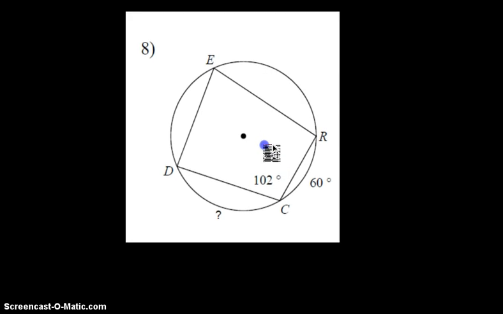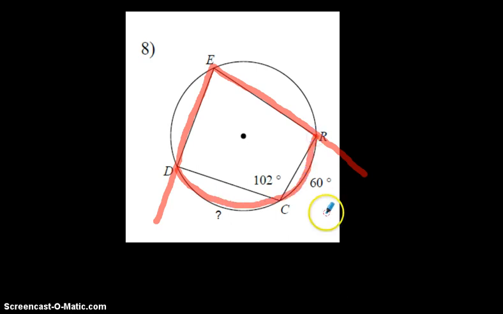And here we go. We've got another quadrilateral inscribed in a circle, a lot of these. And on this one, again, it helps to know that quadrilaterals can't be inscribed in a circle unless opposite angles are supplementary, because this angle intercepts this whole big arc that I'm working with here. Okay, so if I knew this whole red arc, then I could find this arc right here, CD, by subtracting 60.